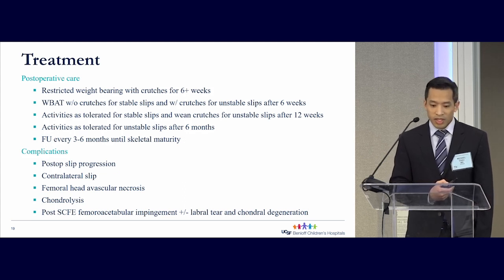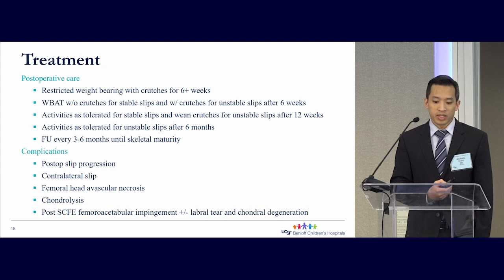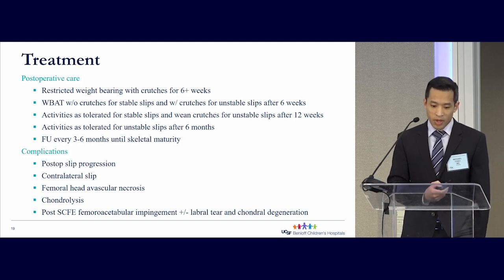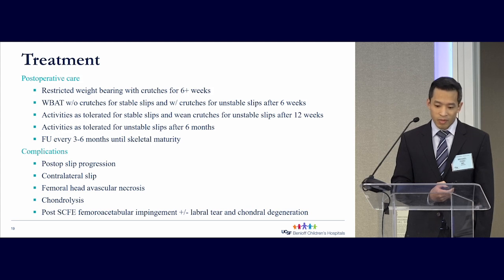Complications after SCFE include post-operative slip progression, and this can perhaps be prevented by making sure that at least 4 to 5 threads of the screw are across the physis, contralateral slip, femoral head avascular necrosis, chondrolysis, which can be prevented by avoiding screw penetration. And then in the long run, post-SCFE femoroacetabular impingement with or without labral tear and chondral degeneration can occur. And there are various treatment options for that, which is beyond the scope of this talk.